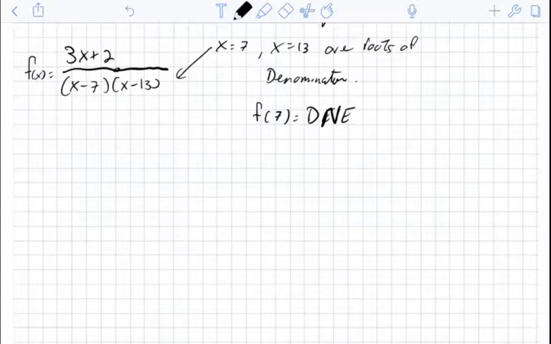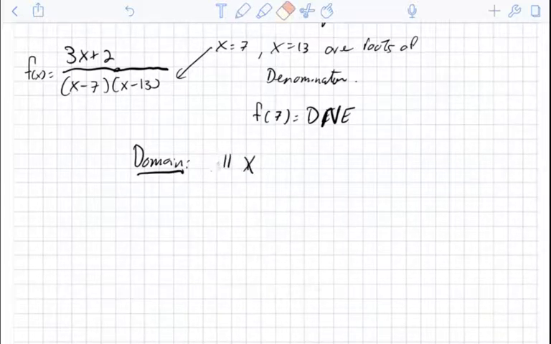So, domain. We saw at the start that if the thing's output doesn't exist for a particular input, then that number is not part of the domain. So the domain is all x, let me rewrite this.